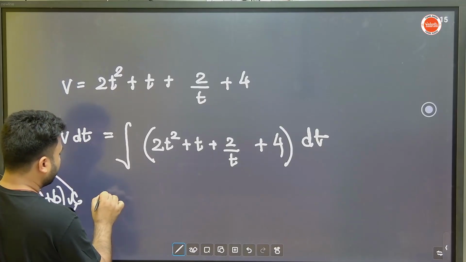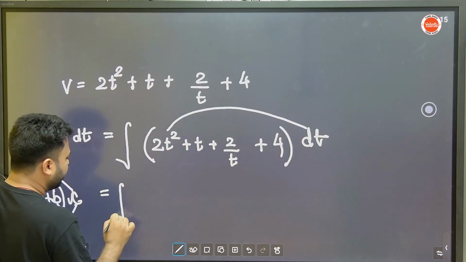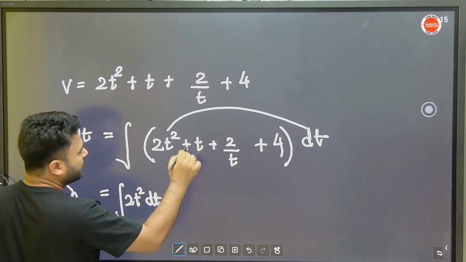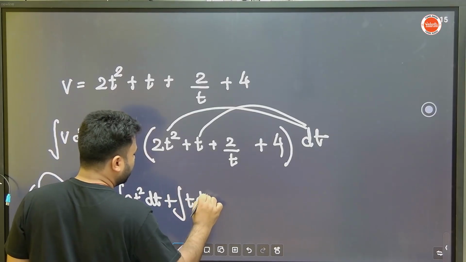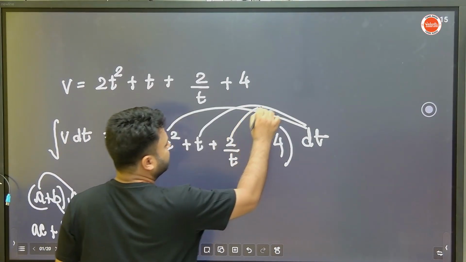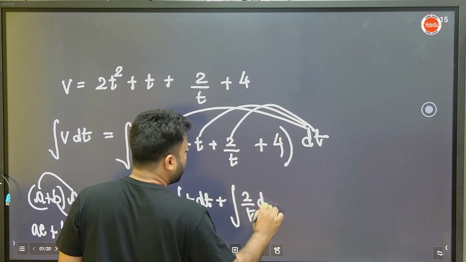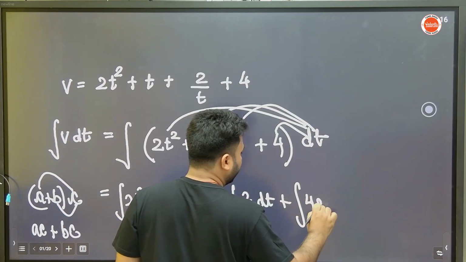Similarly here, this multiplied by dt. So we will write integration of 2t square dt, plus this multiplied by dt, integration of t dt, plus this multiplied by dt, integration of 2 by t dt, plus this multiplied by dt, integration of 4 dt.